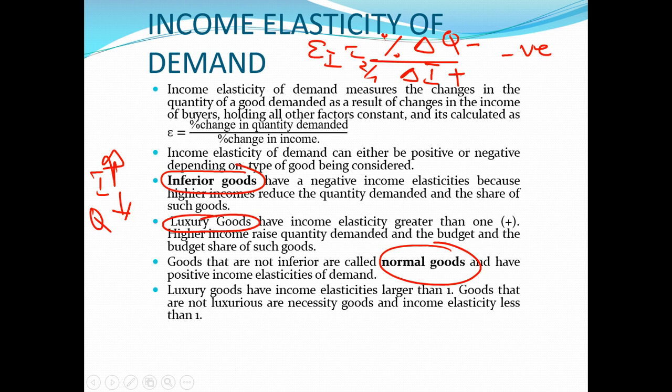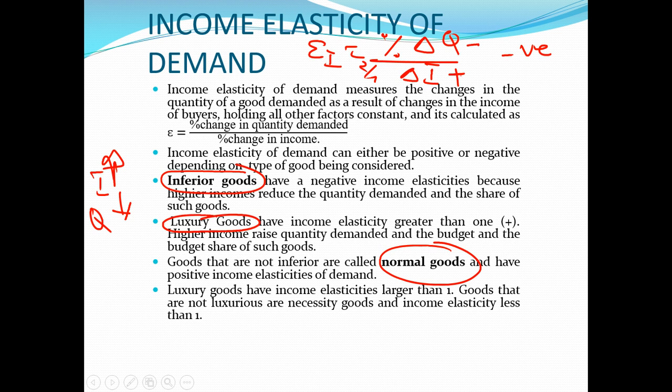It's just a want, not a need. Higher income raises the quantity demanded and the budget share of such commodities. So you increase the income, and the consumer feels like, okay, let me show that I've got money. So you get the latest Benz because it's a luxury good for you. So you find that it has an elasticity value higher than 1.